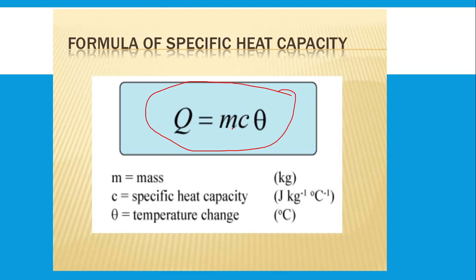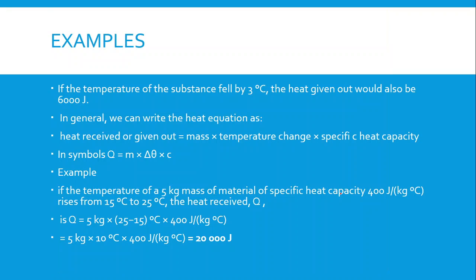Specific heat capacity is a measurement of a property, so it is already given. Each substance or material has its own one definite value of its specific heat capacity.